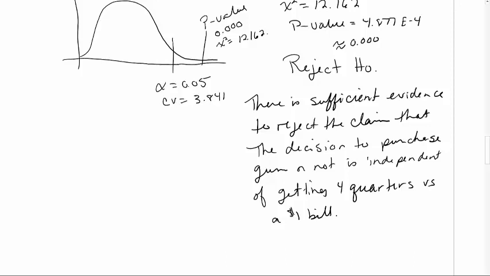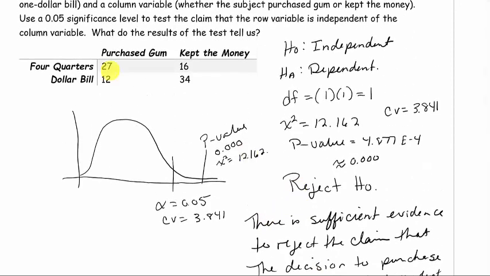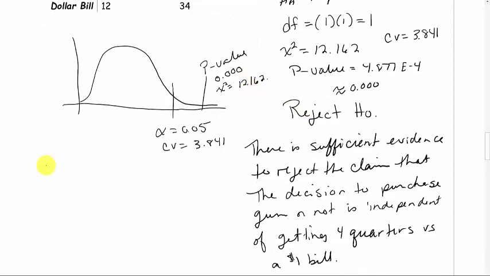Then go look at our table: if someone received quarters, 27 of them purchased gum versus 16 that kept the money. If they received a $1 bill, only 12 of them purchased the gum, while 34 kept the money. And so we can see that more of them purchased gum if they were given quarters. So they were more likely to purchase gum.